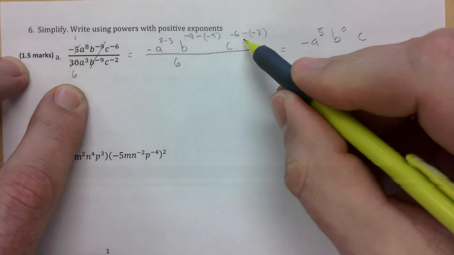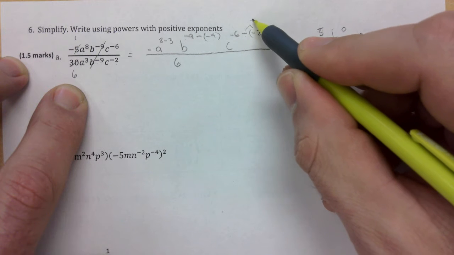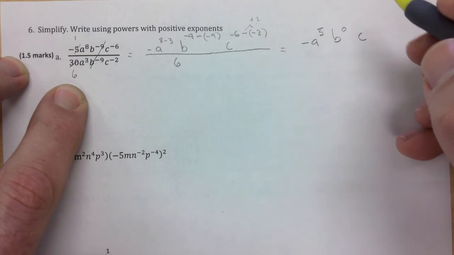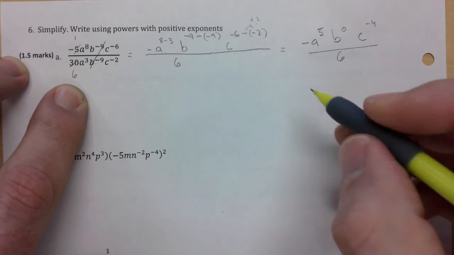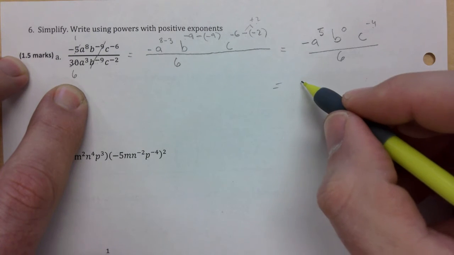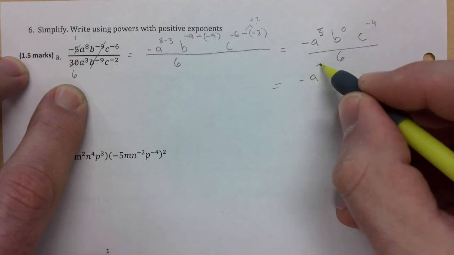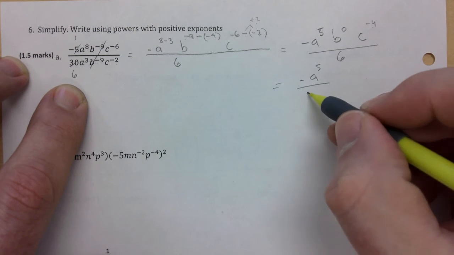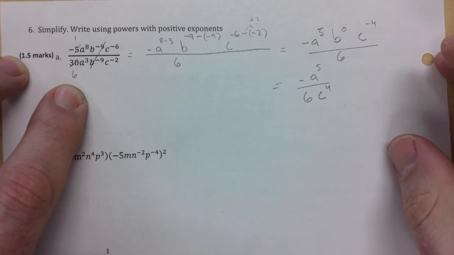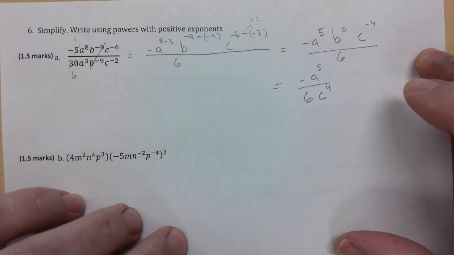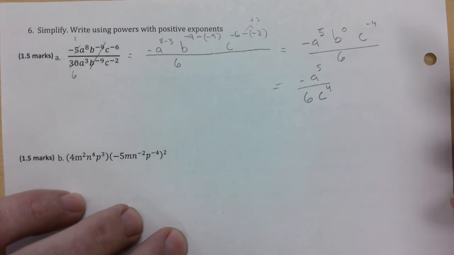And this is c. This turns into a +2, right? So it's -4 plus 2, which is -4, like that, over 6. Get rid of the negative exponent. You have -a to the 5 over 6c to the +4, like that. That's the cleaned up version there. B should be gone at that point.